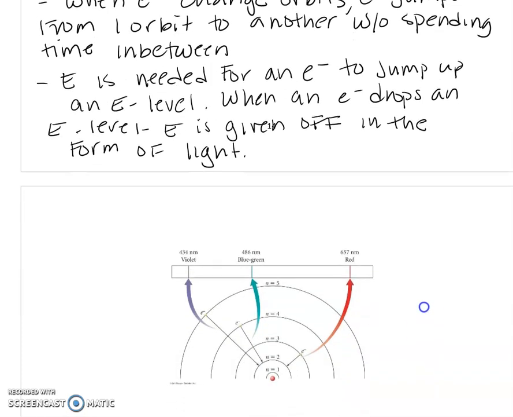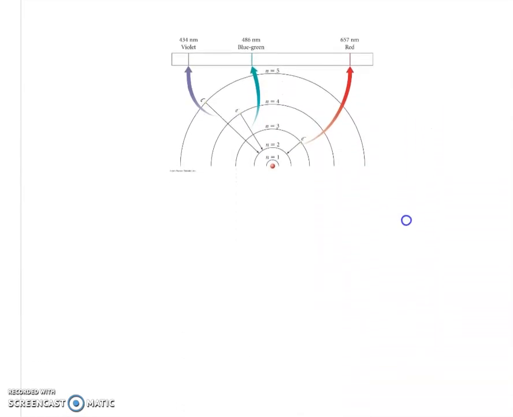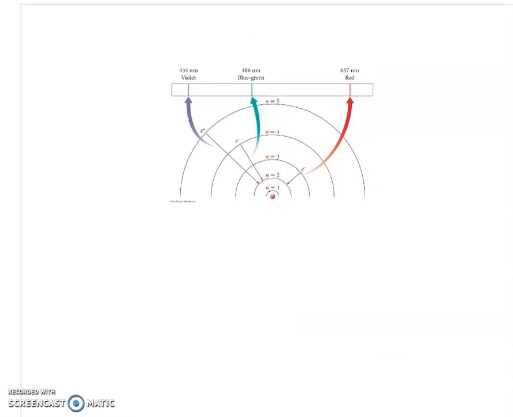Okay, so now I want to show you what his model looks like. So here's his model. Notice the n's, n equals 1, 2, 3, 4, and 5.